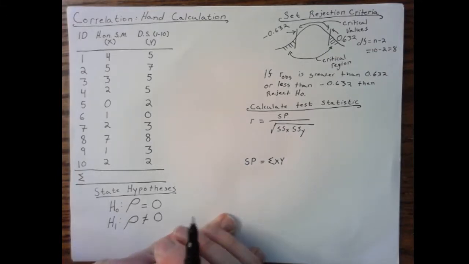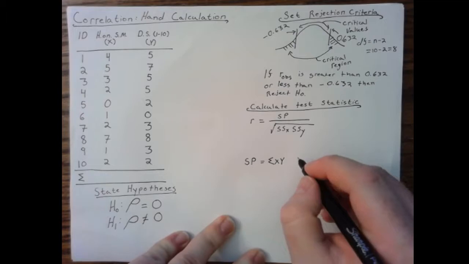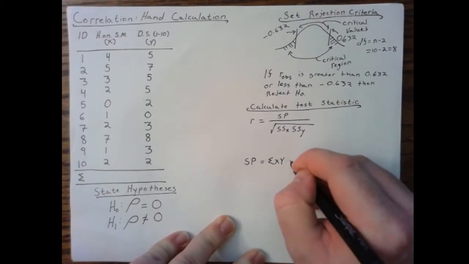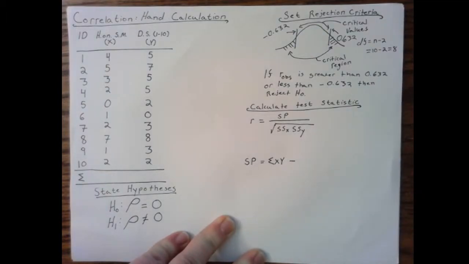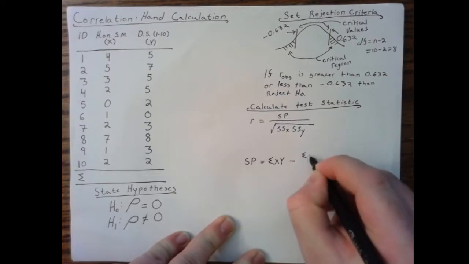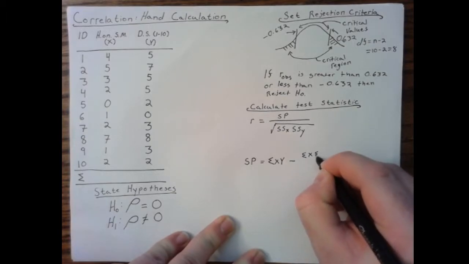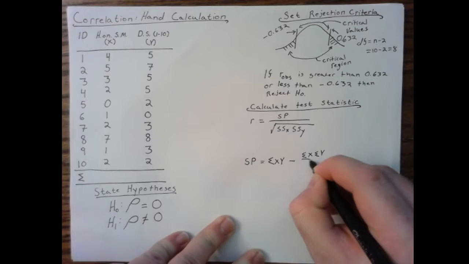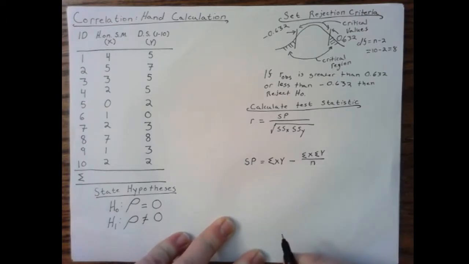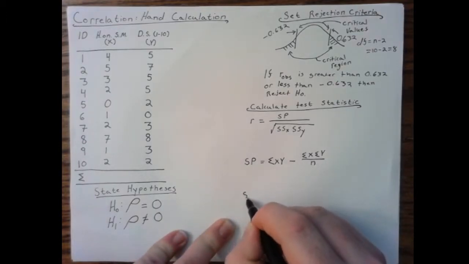Specifically, all the products of x and y added together, minus the sum of the x scores times the sum of the y scores divided by n.